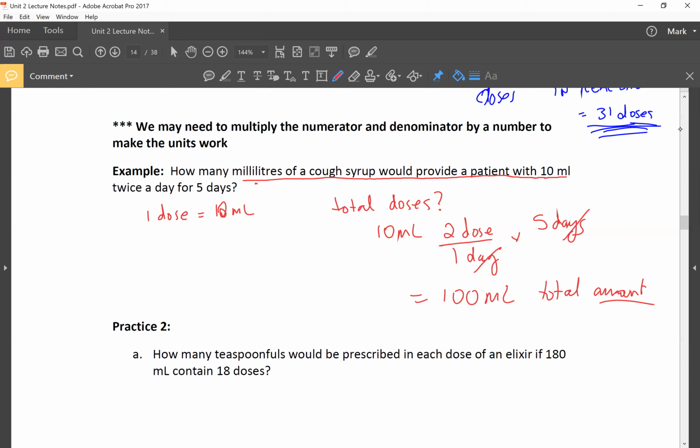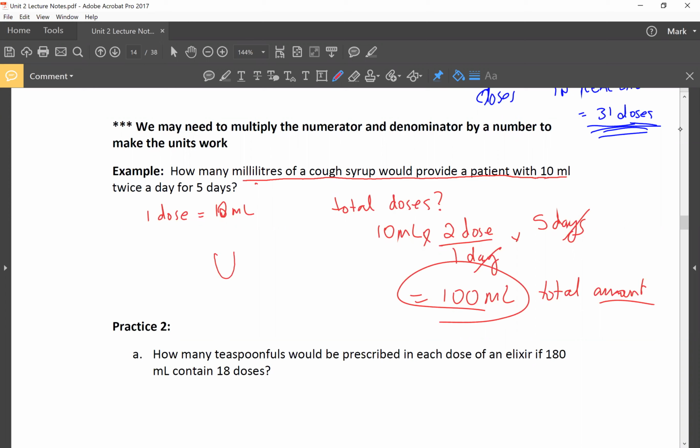Again, you kind of got to think about this logically. If you take 10 milliliters 2 times a day for 5 days, 10 times 2 times 5 is 100 milliliters. That's our total amount. This is a little different question, so we're done, really. 100 milliliters would provide enough cough syrup to give a patient 10 milliliters 2 times a day for 5 days.